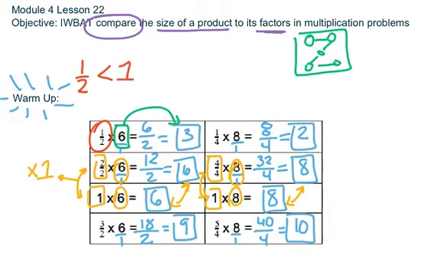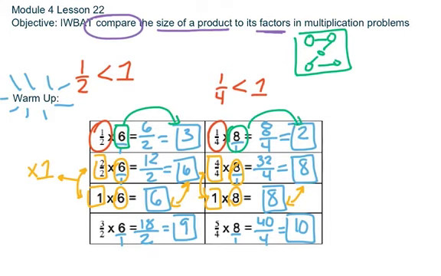And because it's less than 1, my product will be less than the factor. Same here, 1/4 is less than 1. So my product is going to be less than 8, which it is, 2.